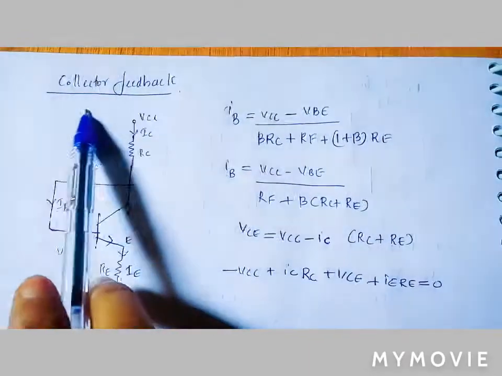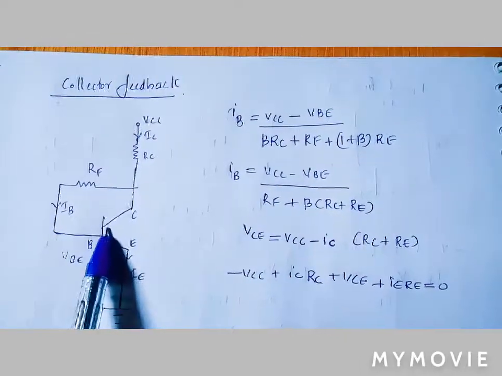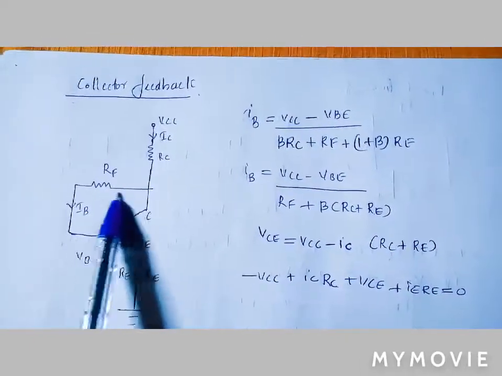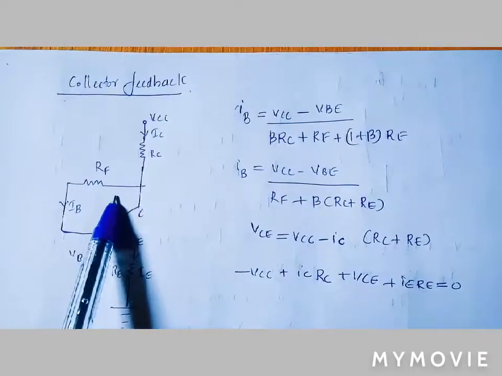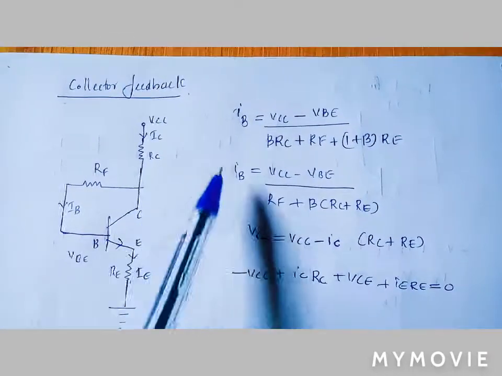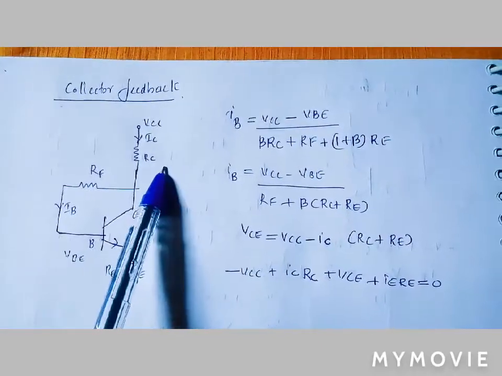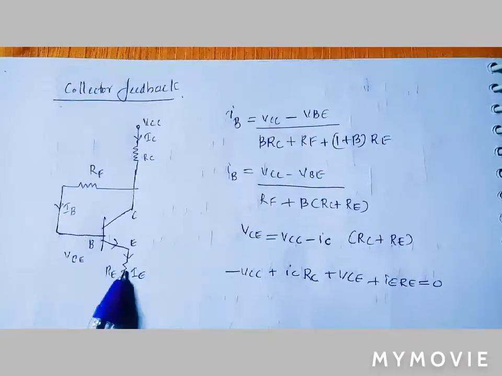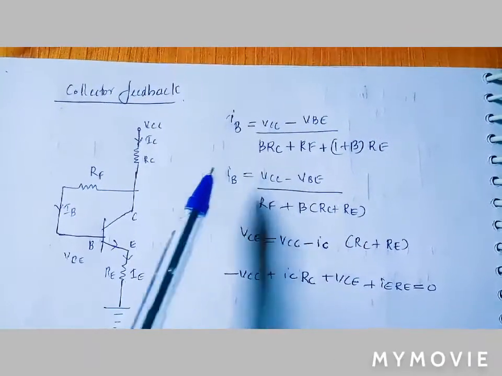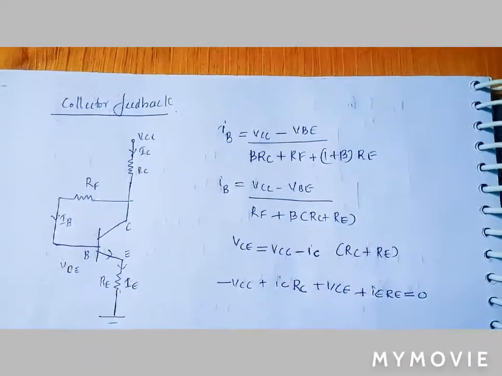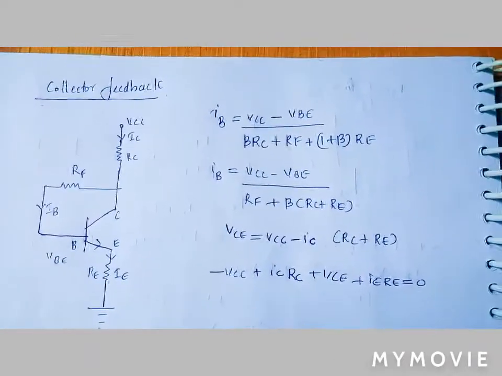Next we are going to this type, that is collector feedback. Here is a feedback circuit in this diagram. RF is the feedback resistance, RC is the collector resistance, and RE is the emitter resistance. So we know how to find IB: we just apply the Kirchhoff voltage law in the input.